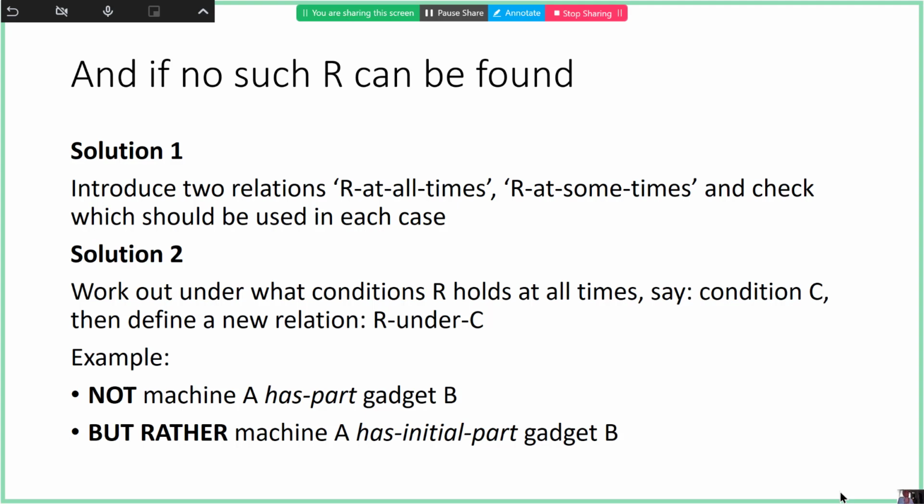I'm just not able to think through some of the examples as well as the other people on this call, but I'm sure that there are, in maintenance, for instance, different conditions which we can identify and which we can then specify using not the at-times or the at-sometimes or at-all-times constraints on a relation, but rather using the under-conditions-C constraints on a relation.